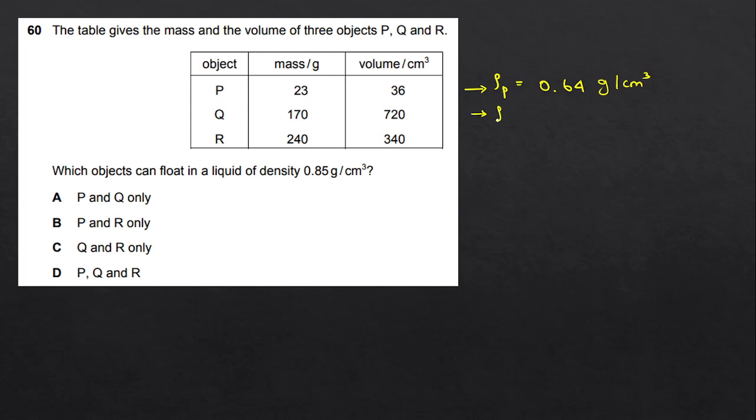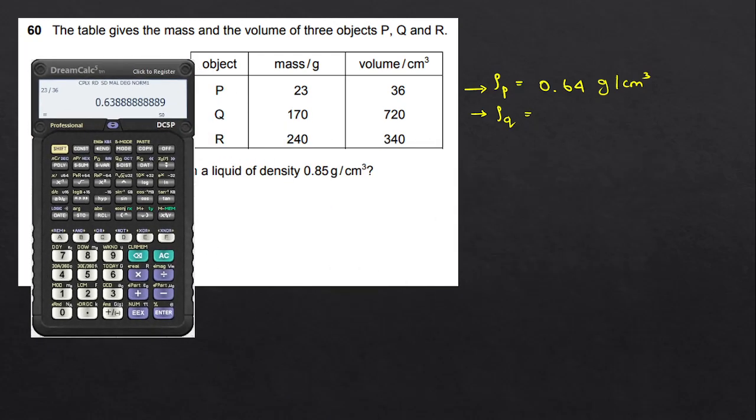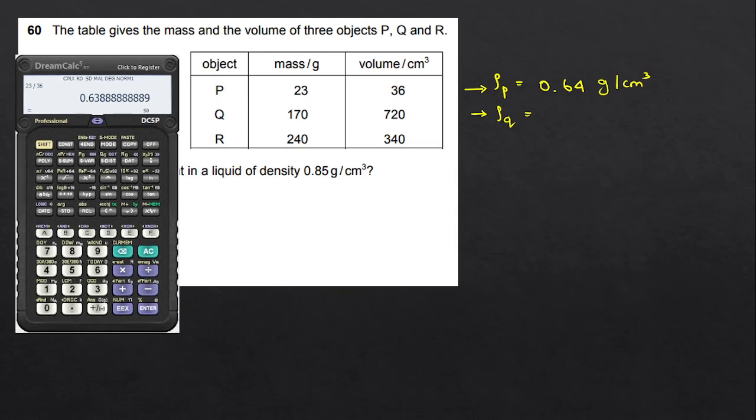Next we'll find out the density of object Q. Density of object Q is 170 upon 720, that's 0.236.